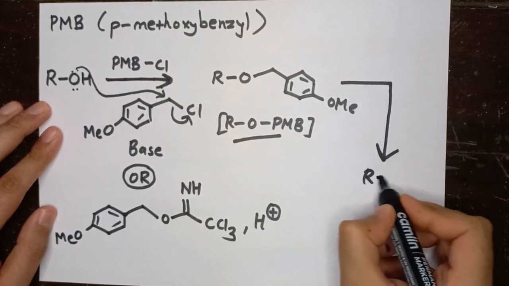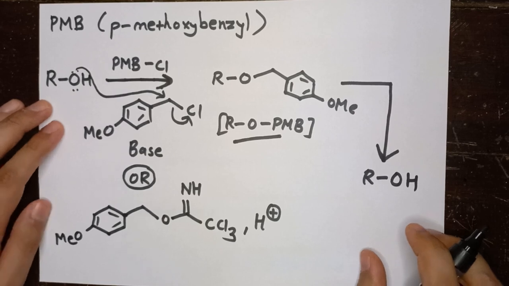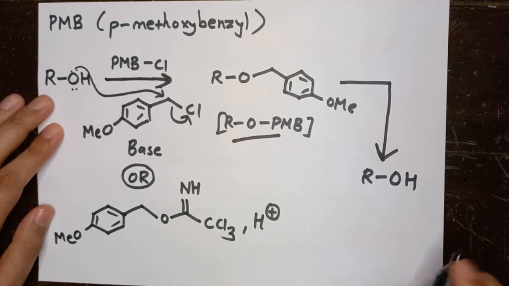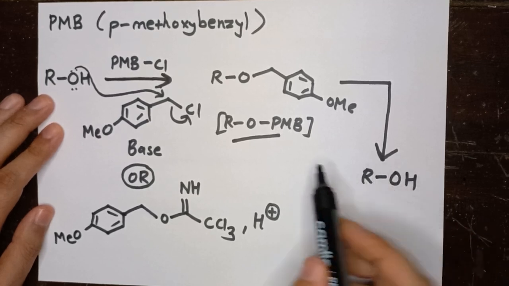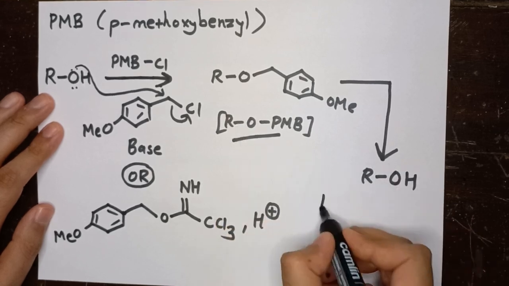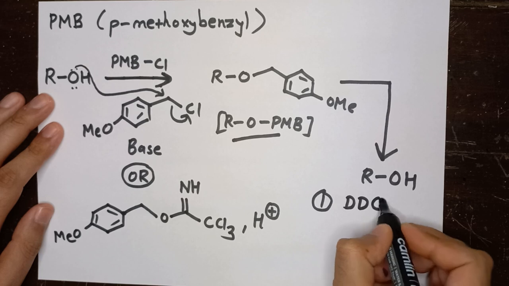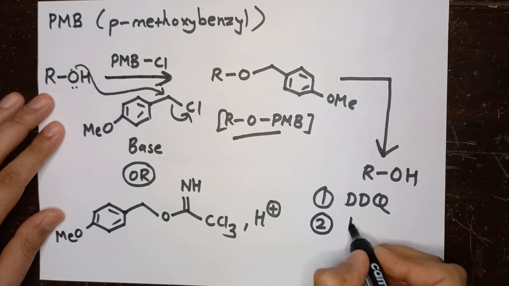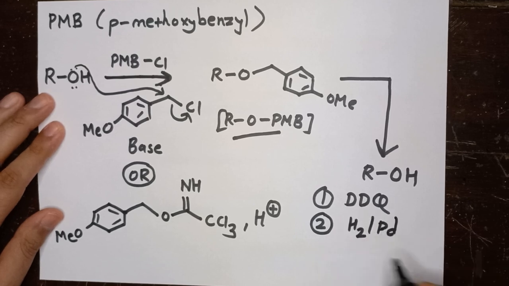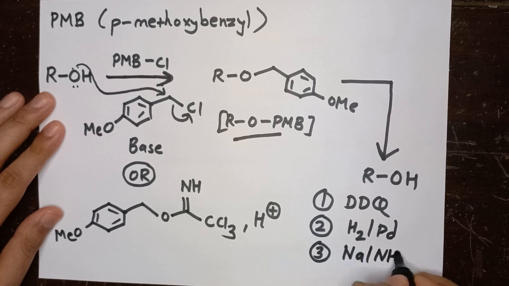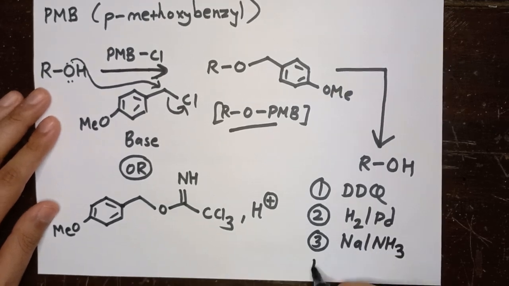Now I want to deprotect it. I want to get back my alcohol group. So which reagent should I use? So there are total of 4 reagents you can use. Use any one of them and you will be able to convert your ROPMB back into ROH. You can use DDQ, which is a base, or you can use hydrogen palladium, okay, or you can use sodium in ammonia, or you can use CAN.